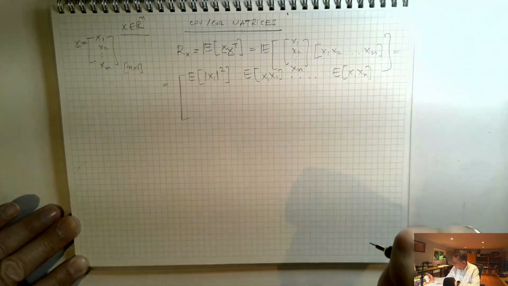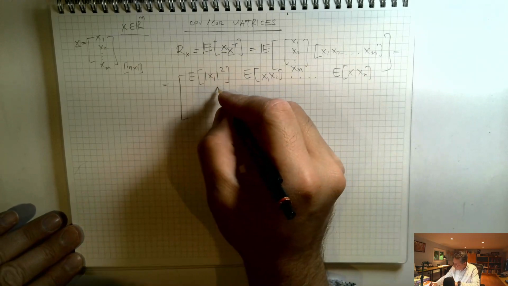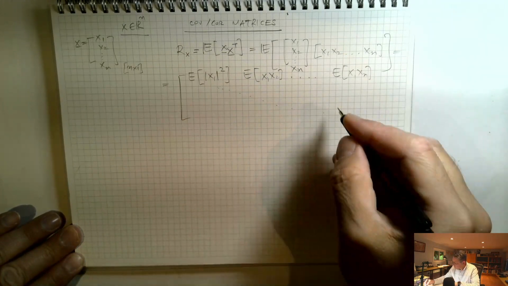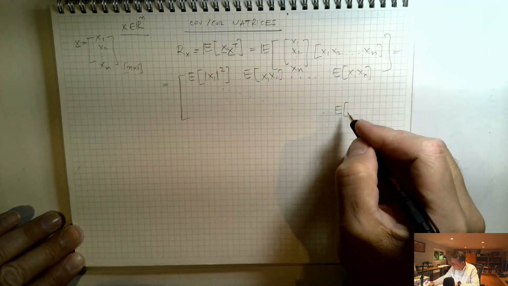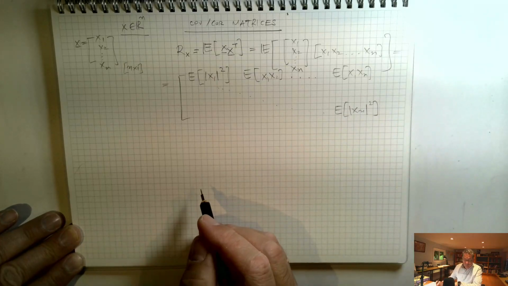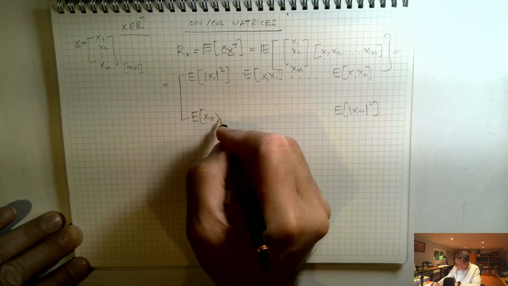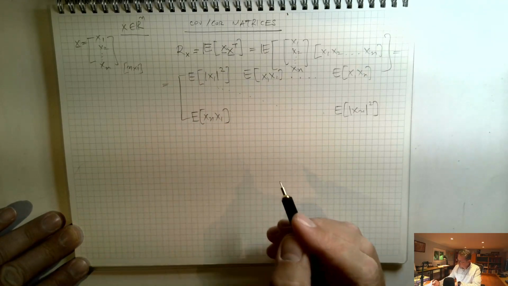All of these diagonal terms can be guessed. This is now xn squared, and over here I have the expectation of xn x1, and so on.